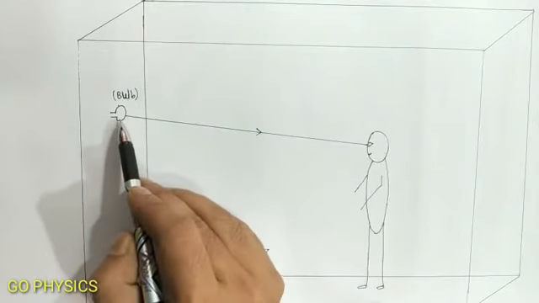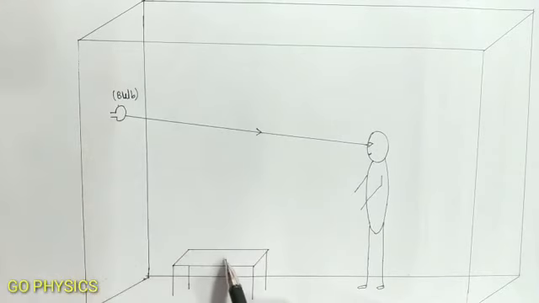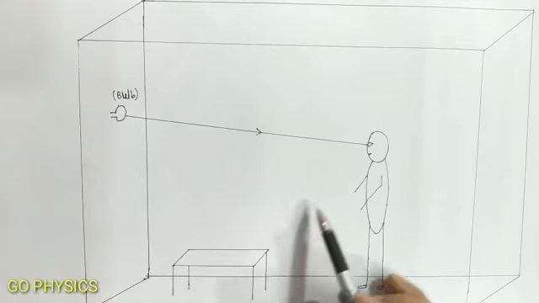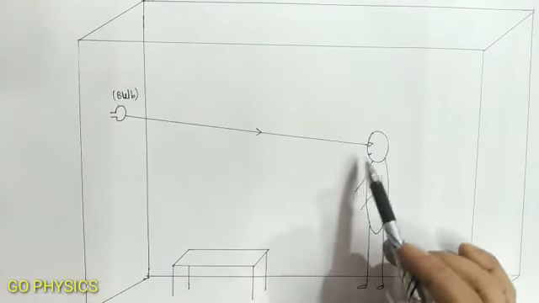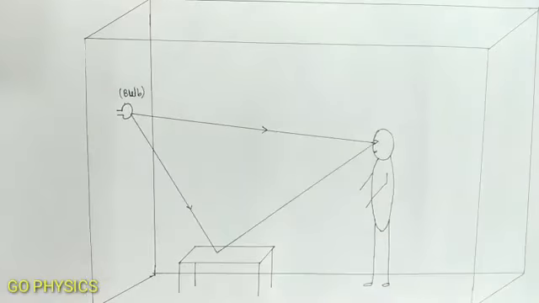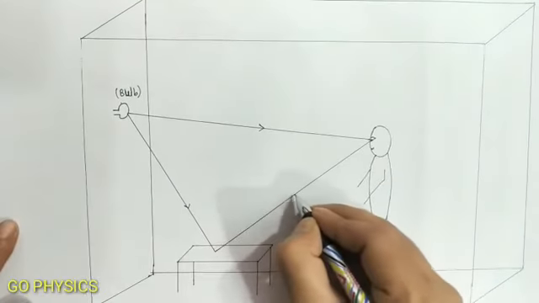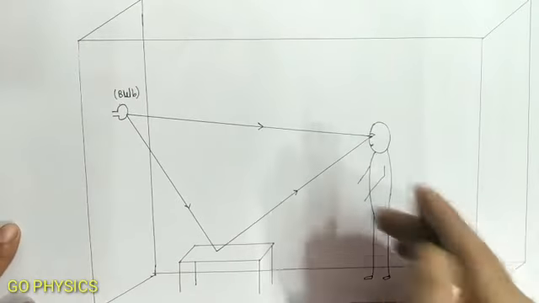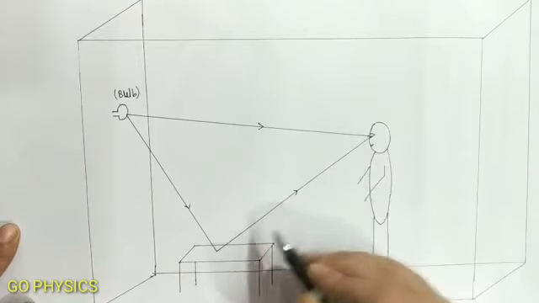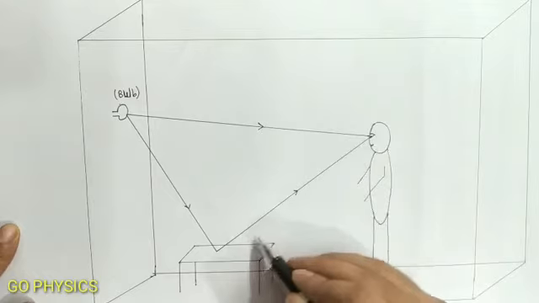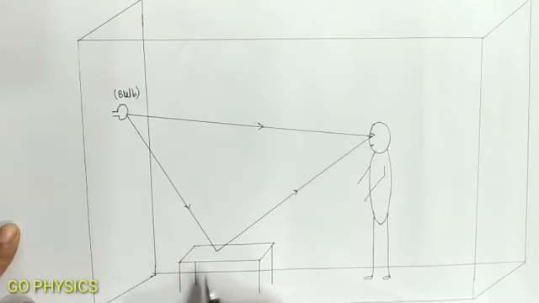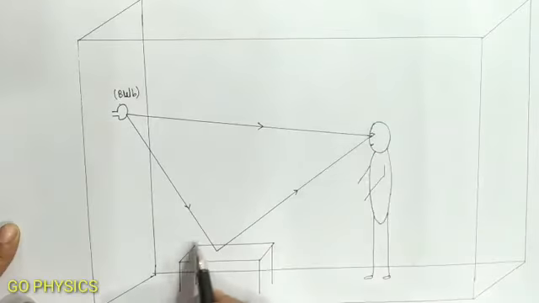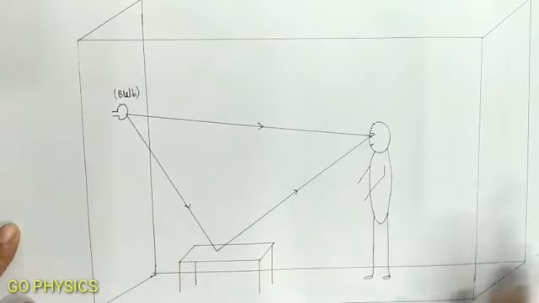So some light will fall on the table and reflect, and then it will fall in the eye of this man. Now this man will see the light which is coming from the table, so he is now able to see this table.